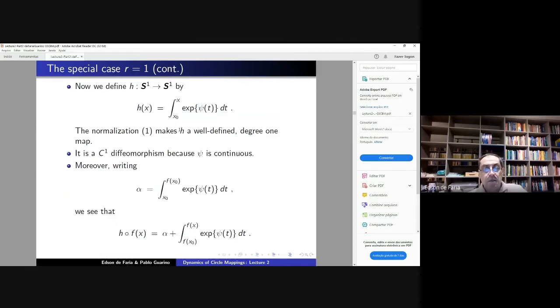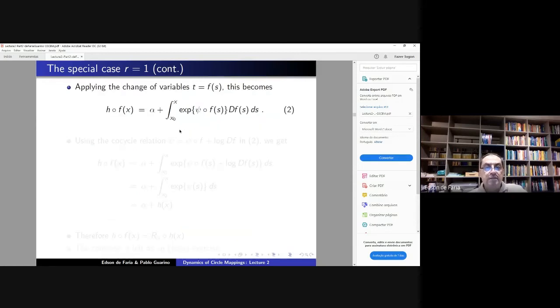And now, in this last integral, you apply a change of variables, if you write t equals f of s, then you can rewrite this integral in the way it's written here in expression 2.